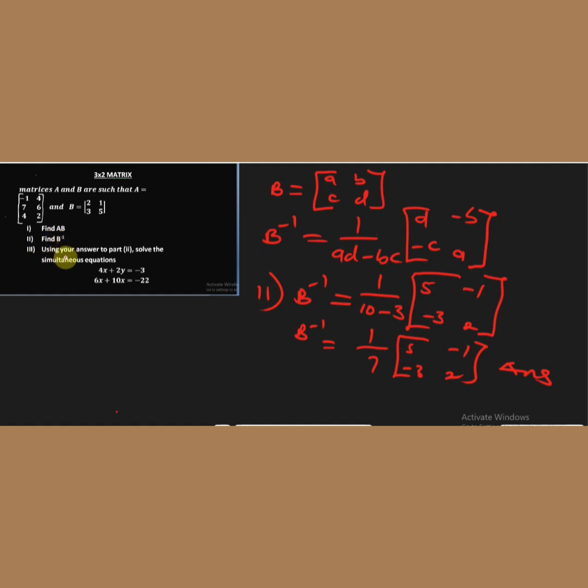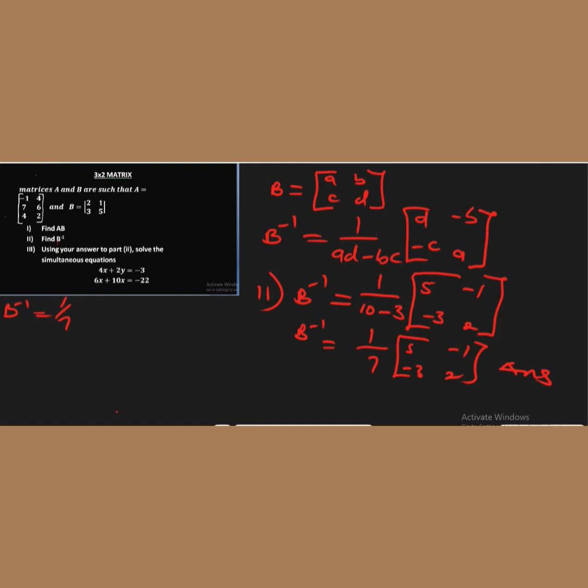Now, the third question says, using your answer to part II, solve the simultaneous equations. This is where you need to listen carefully. So I'm going to write out the same B, using the answer to part II. Let me just write out the answer, because I'm going to clean here.